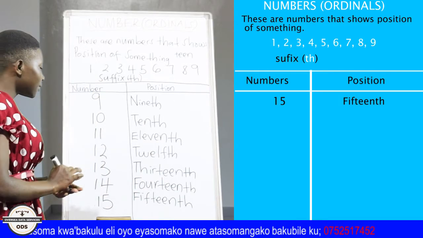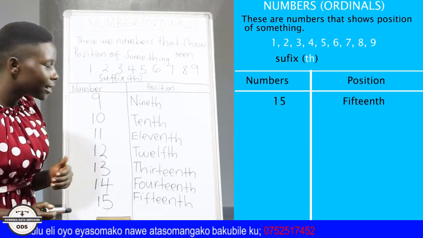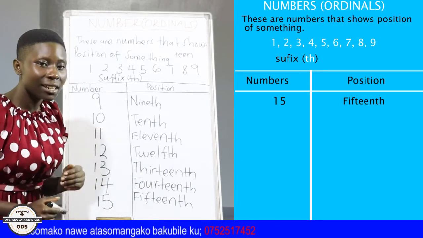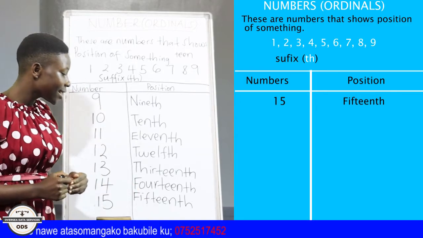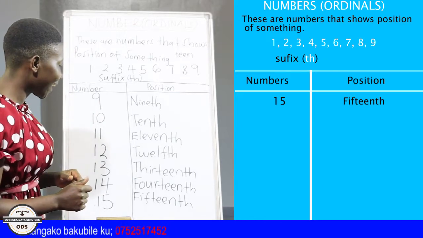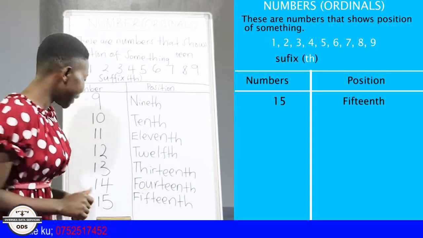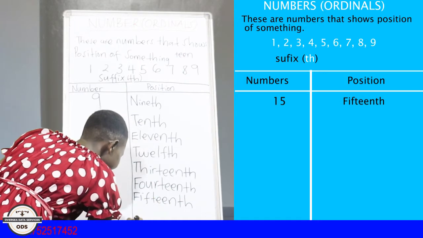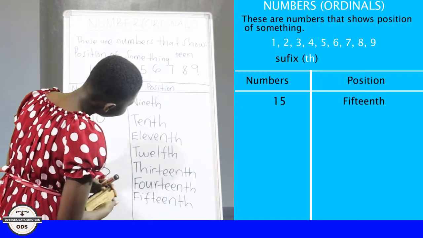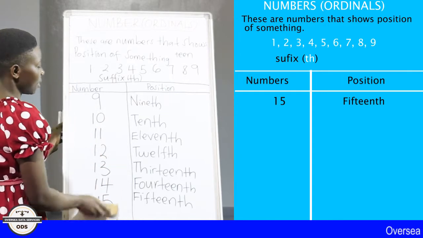At first we were pronouncing it as 15, but we have added TH. Now we are pronouncing it as 15th. That's how we position 15 as 15th, okay? Let us continue and we see. We are not forgetting the common word teen, and we add the TH as I told you previously, okay?